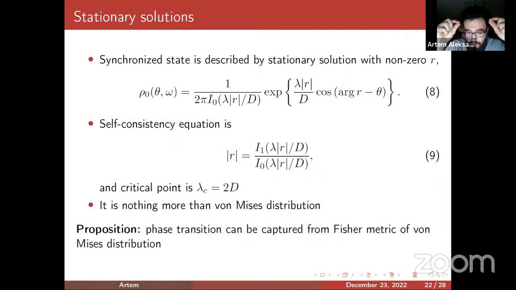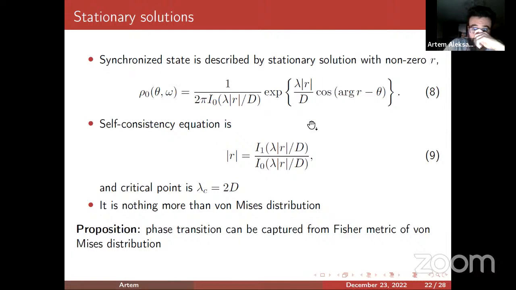So I have a set of equations of motion. I take the continuum limit, and the continuum limit is described by the Fokker-Planck equation. And the synchronized state corresponds to the stationary solution with non-zero value of R, and R is the order parameter.